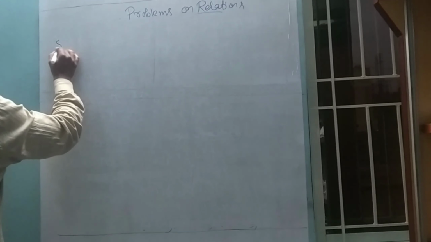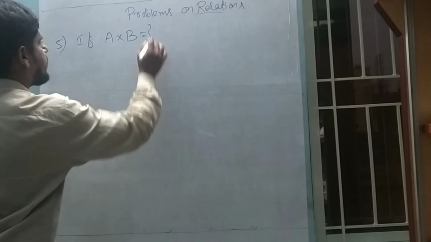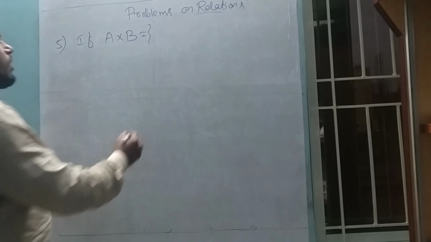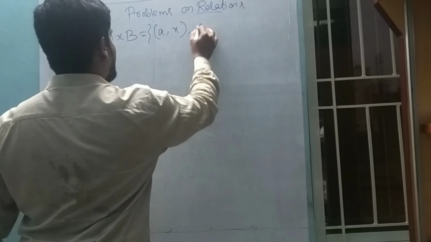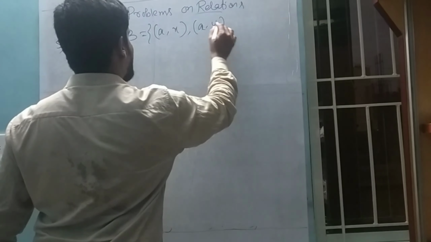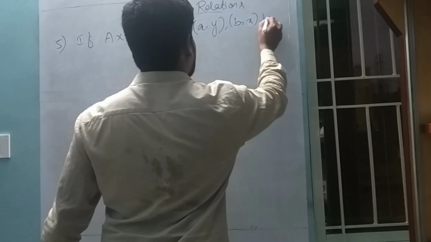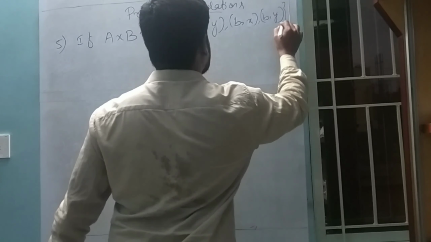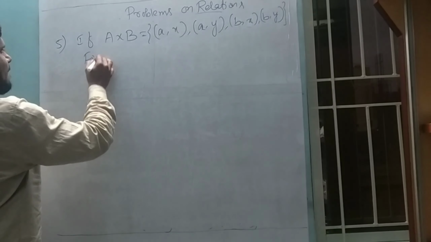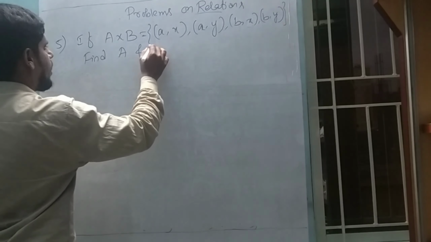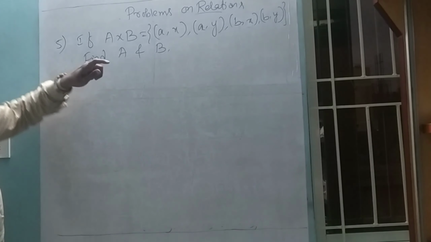That is, if A cross B is equal to {(a,x), (a,y), (b,x), (b,y)}, very simple Cartesian product, find set A and set B. Earlier what we saw?